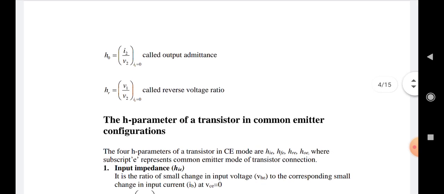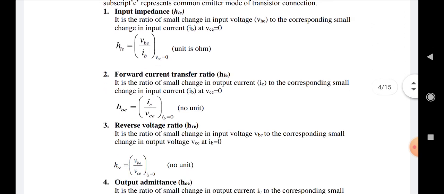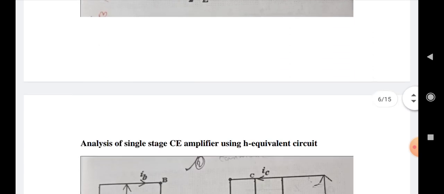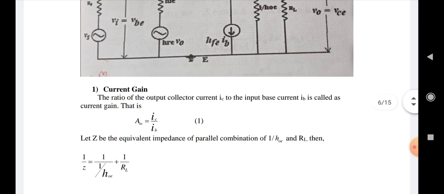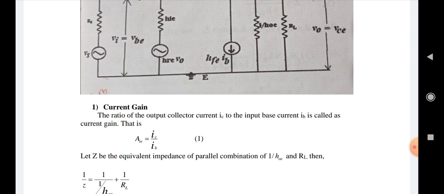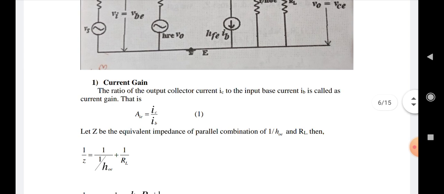Let Z be the equivalent impedance of the parallel combination of 1 upon HOE and RL in the diagram. I have already discussed this in a previous lecture. Parallel combination of 1 upon HOE and RL means 1 upon Z is equal to 1 upon HOE plus 1 upon RL.